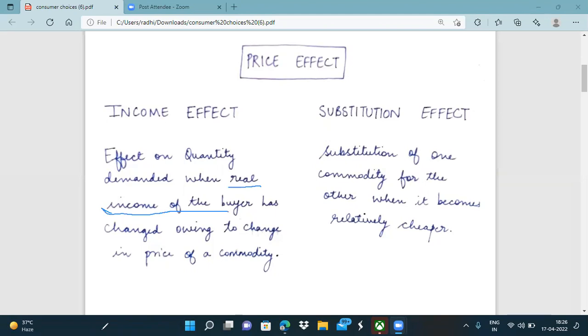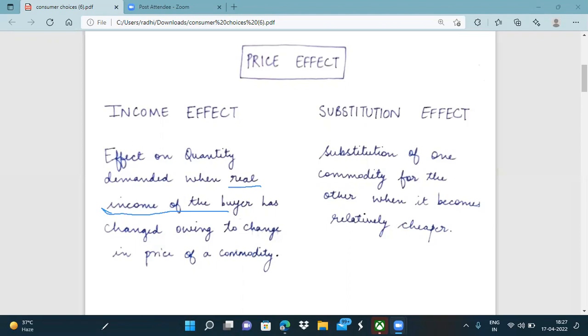Let us understand it in a better way with the help of an example. For example, using 10 rupees, I can buy 10 cups of tea. But now the price of tea has fallen from 10 rupees to 5 rupees. My income remains constant, but because the price has fallen, the purchasing power has increased.